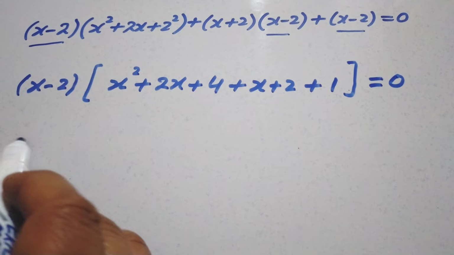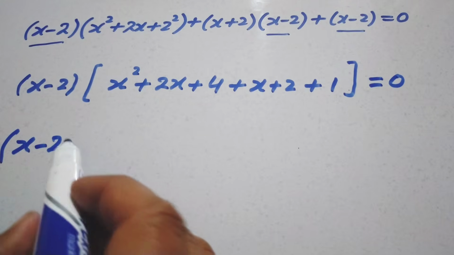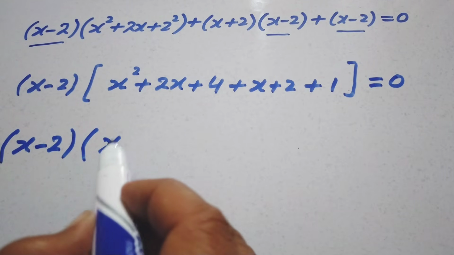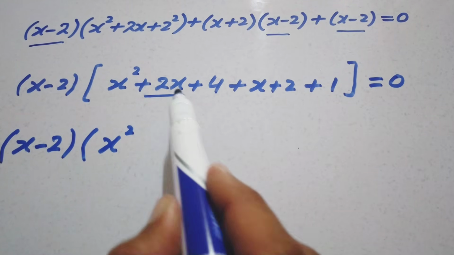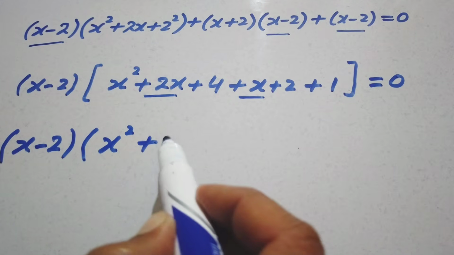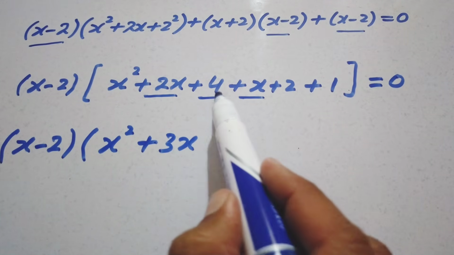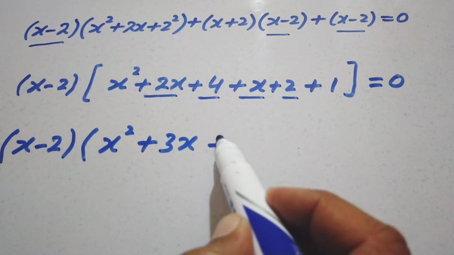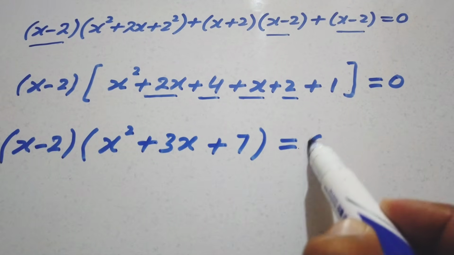So now x minus 2 into x squared, here we have 2x plus x, 3x, and 4 plus 2 is 6, plus 1 is 7, is equal to 0.